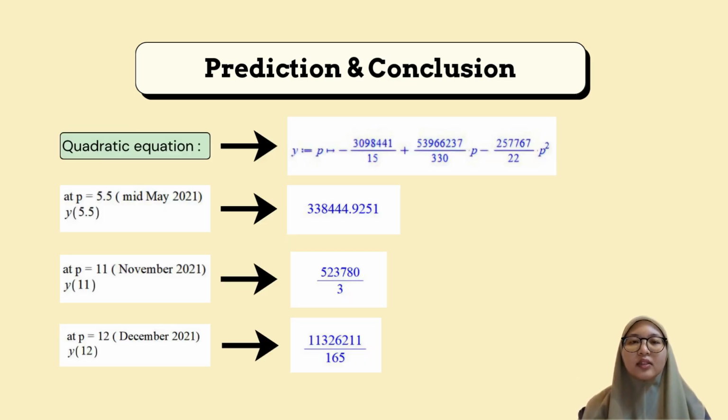We substitute different values of P into the equation to obtain the predicted values for the middle of May 2021, November 2021, and December 2021.